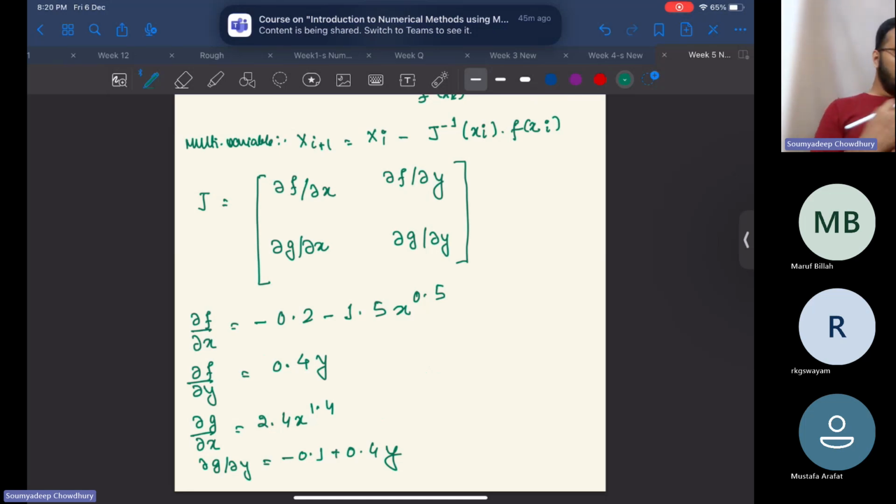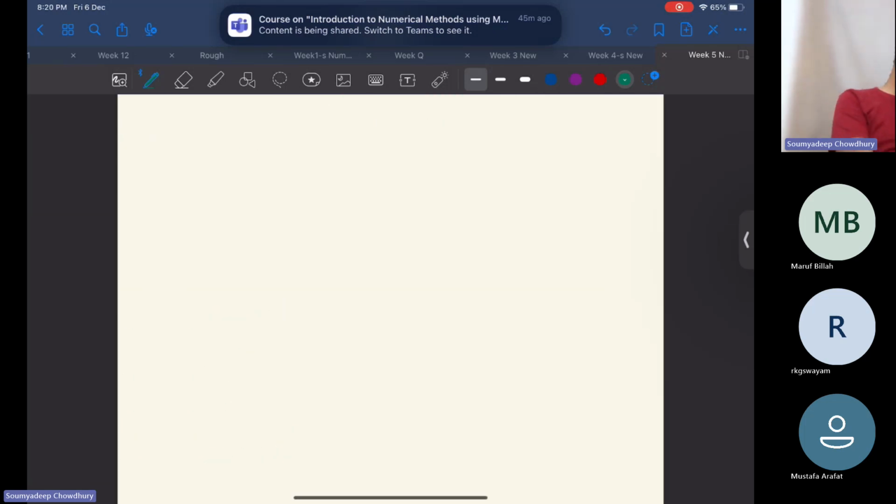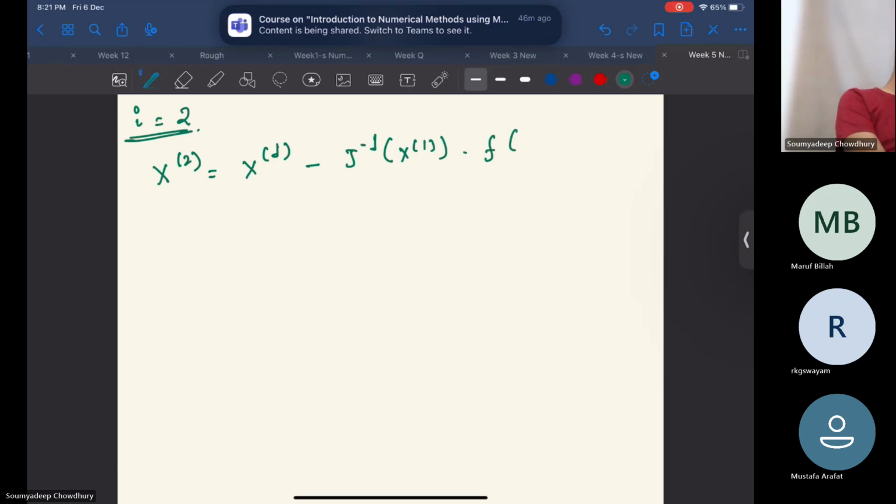So now you have to find the values of this function at this iteration. The first step is, rather I will use i is 2, right? Because i equals 1 is the initial value which is given to you. So x of 2, sorry, x is basically here a matrix, x of 2 equals x of 1 minus Jacobian inverse of x of 1 into f of x of 1.